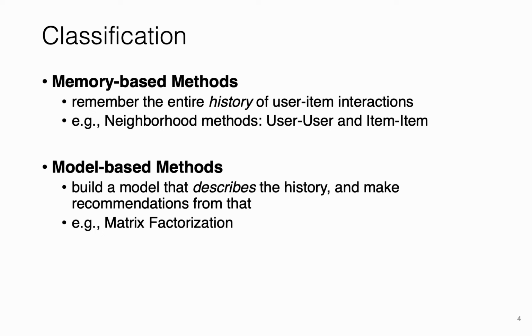Instead of remembering the entire history, these methods build a model that describes the history, and then use that model to make recommendations. A typical example of this family is matrix factorization, and these methods are typically considered the most well-established techniques of collaborative filtering.